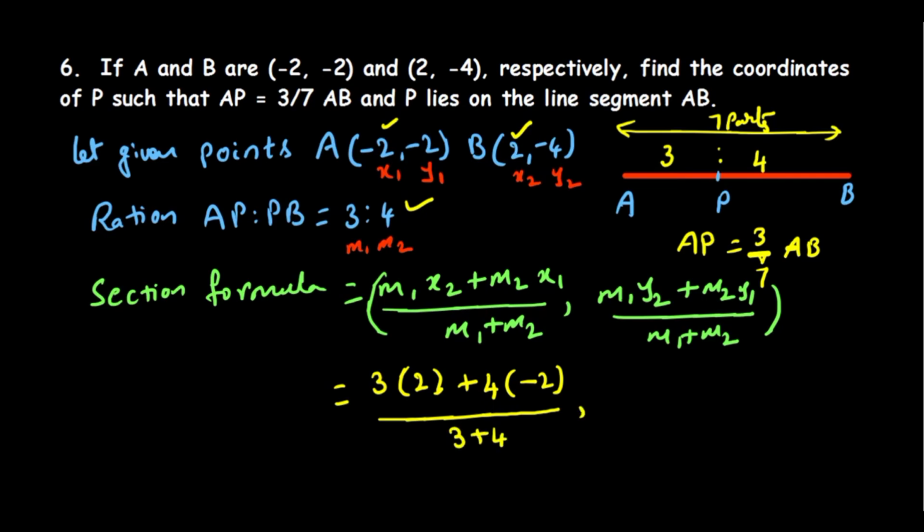And m1 y2: m1 is again 3, y2 is minus 4, plus m2 is 4 and y1 is minus 2, divided by 3 plus 4. So what do we write in the next step?